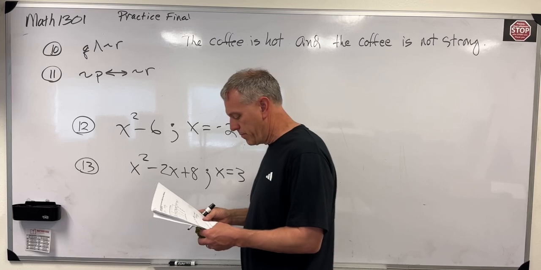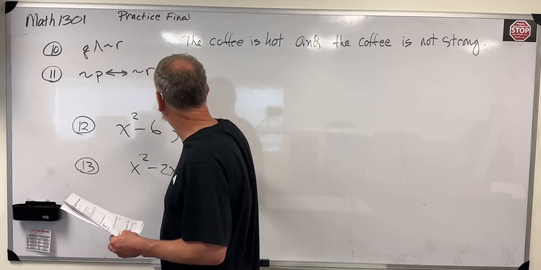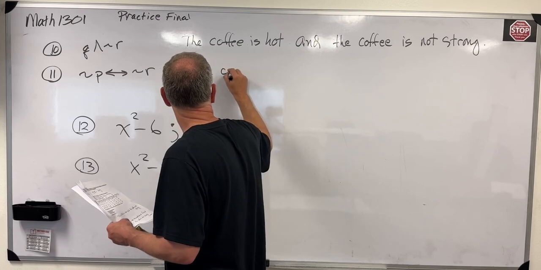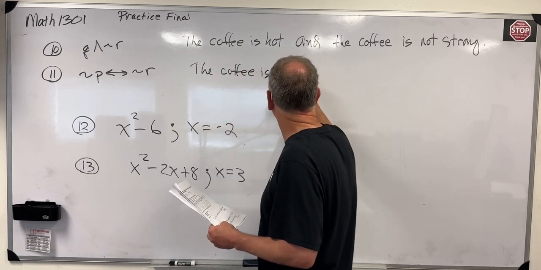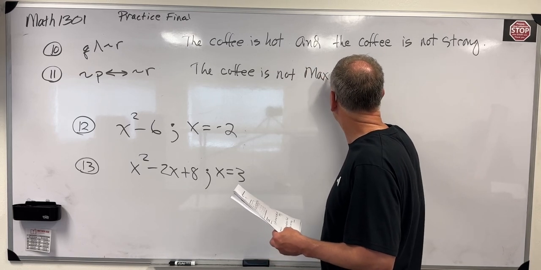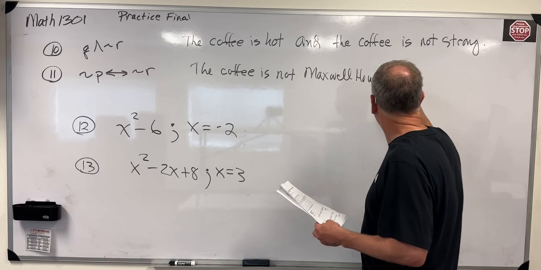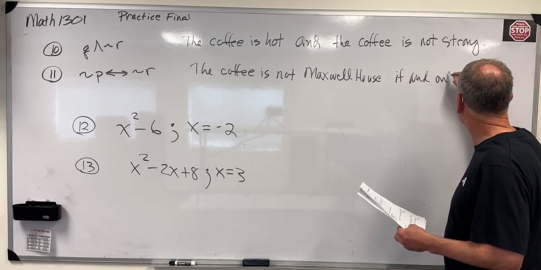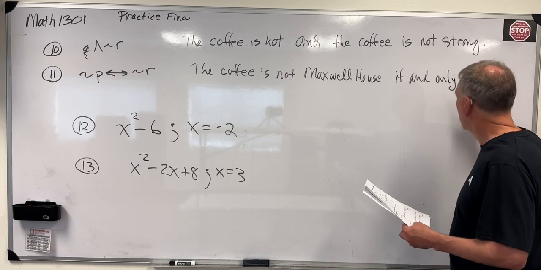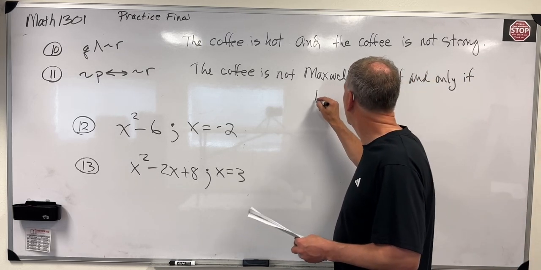Number 11, we have an if and only if, not P, so the coffee is not Maxwell House, if and only if, the coffee is not strong.